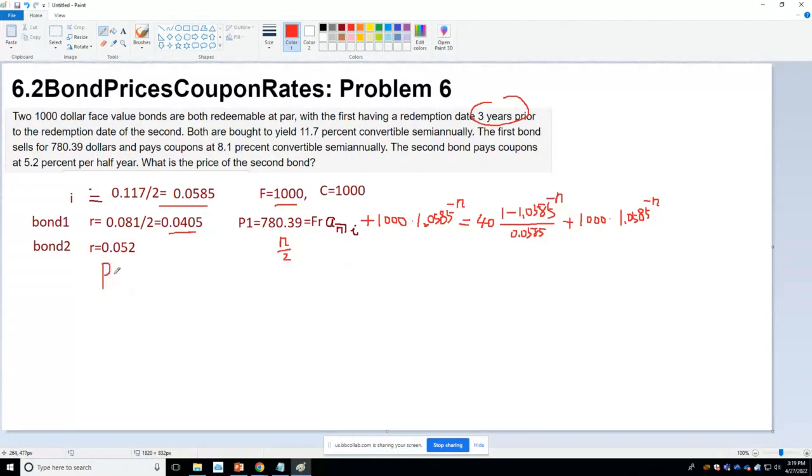The second price, let's call that P2, the coupon is F times R. How many coupon payments? Its redemption date is 3 years prior to the redemption of the second one, so the second has a longer term.